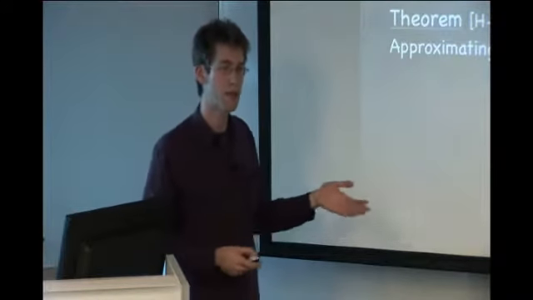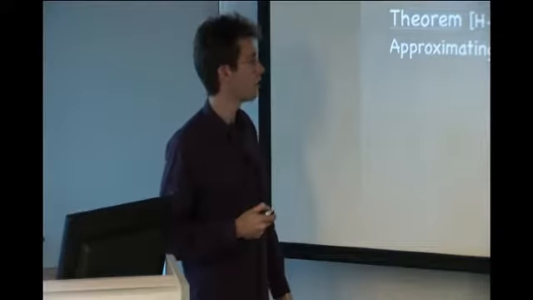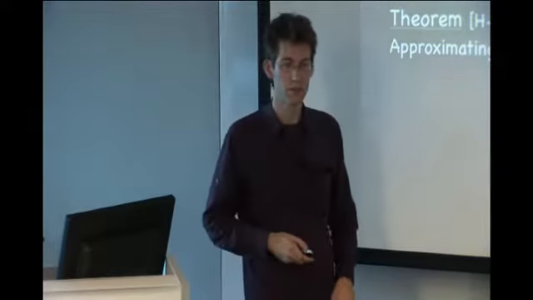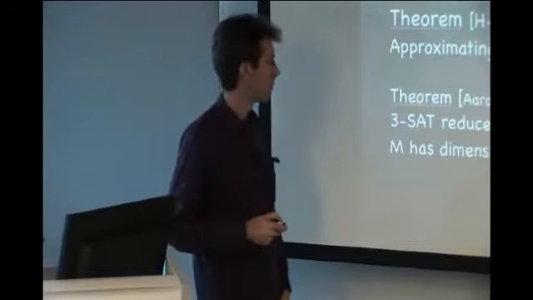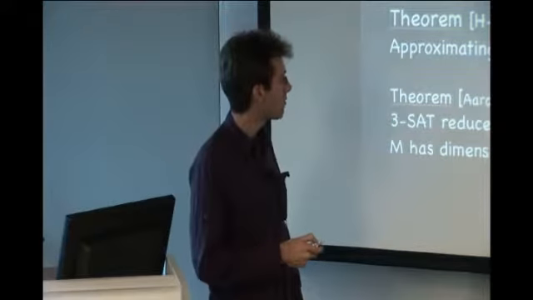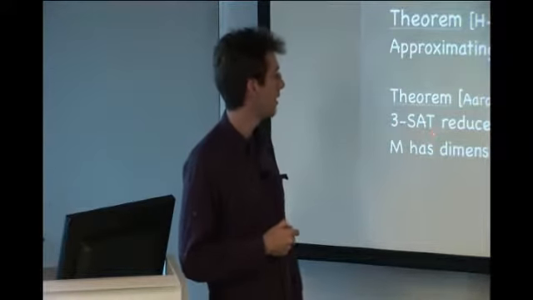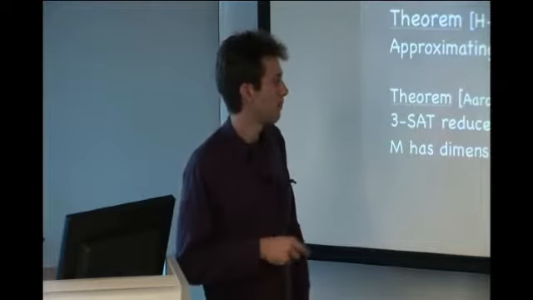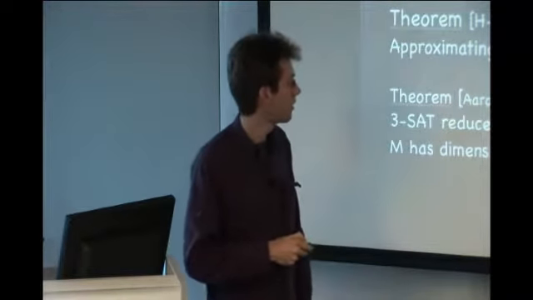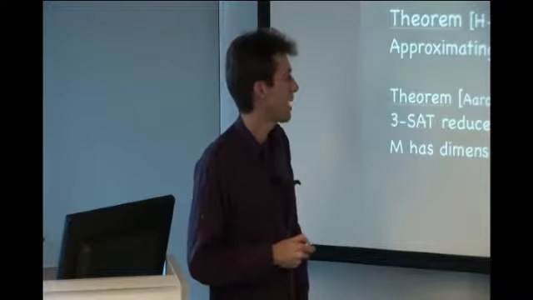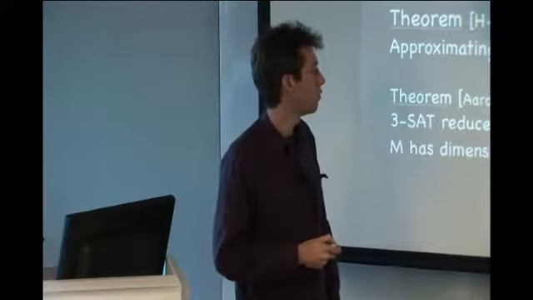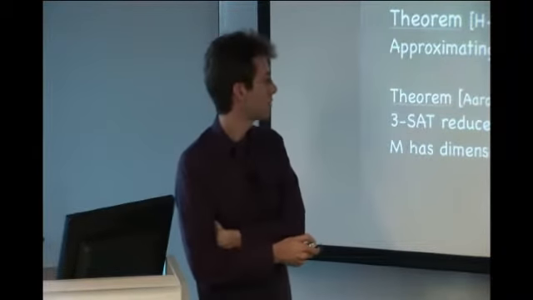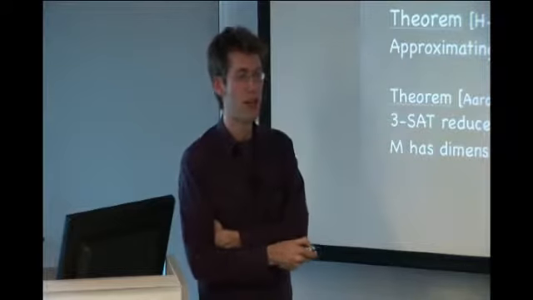On the other hand, there's the pessimistic view, which is that a hardness result here translates into a hardness result there. That's the way we were able to use it. These people proved that 3-SAT with n variables reduces, and I'm suppressing some polylog here, to estimating this SEP norm for the number of indices equal to root n, up to some constant accuracy.